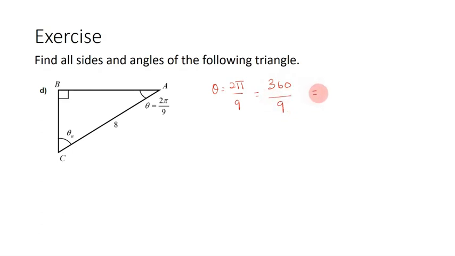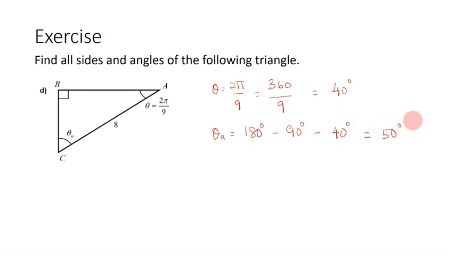So we know that theta is equal to 40 degree. And to get theta A, we know that the total angle of a triangle is 180 degree, minus 90 degree and minus 40 degree. So we get theta A equal to 50 degree.